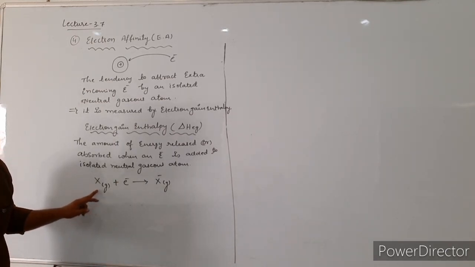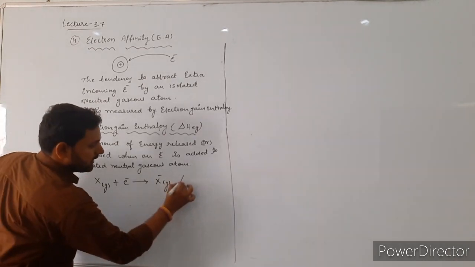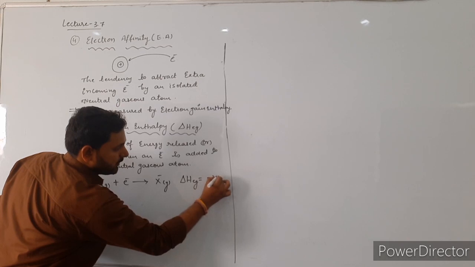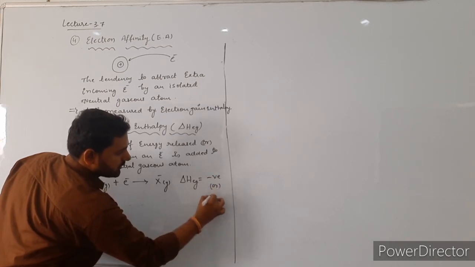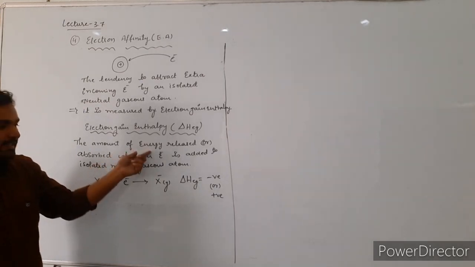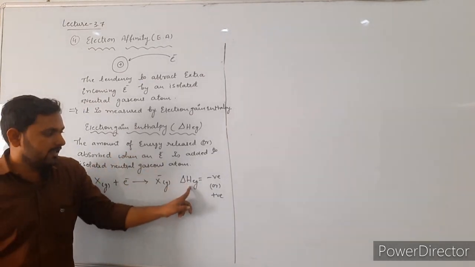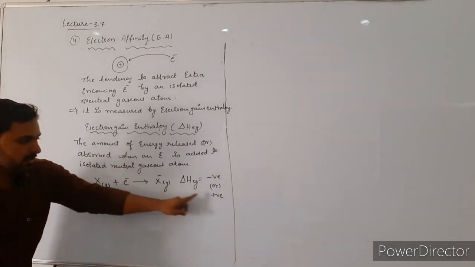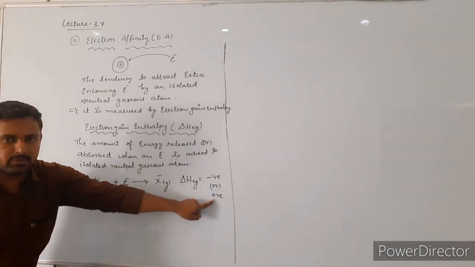It depends on the element. That's why the delta H eg values may be negative or positive. If energy is released, then the delta H value is negative. If energy is absorbed, then it is indicated by a positive sign.